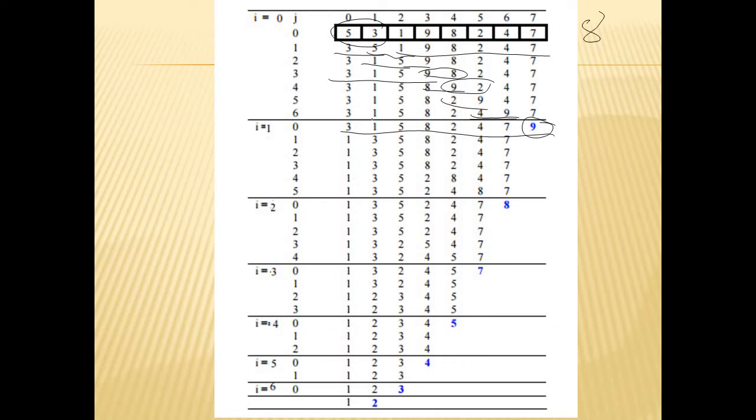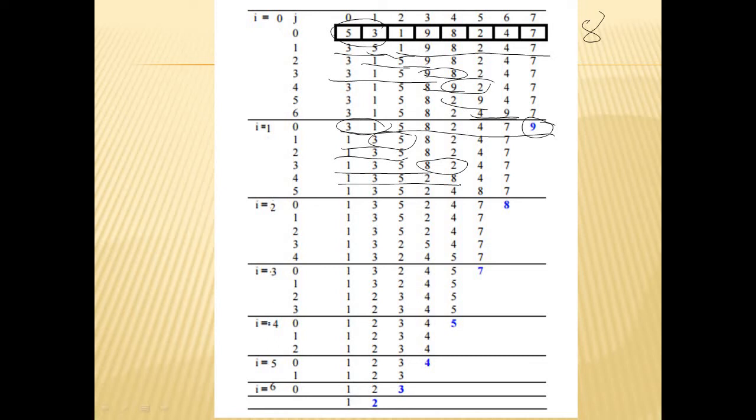Now 3 1 will compare, 3 is greater than 1, yes, then swapping. Next 3 5 will compare, 3 is greater than 5, no swapping. 5 with 8 will compare, no swapping. 8 with 2 compare, 8 is greater than 2, yes, swapping.